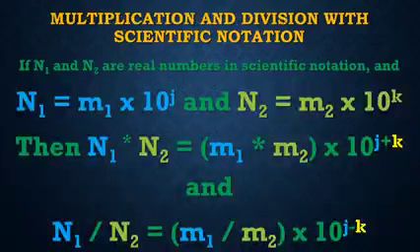Let's proceed to multiplication and division with scientific notation. Same rule: if n sub 1 and n sub 2 are real numbers in scientific notation, and n sub 1 is equal to m sub 1 times 10 raised to j and n sub 2 is equal to m sub 2 times 10 raised to k, then if we multiply the two scientific notations, the rule is to multiply the two mantissas times 10 raised to j plus k.